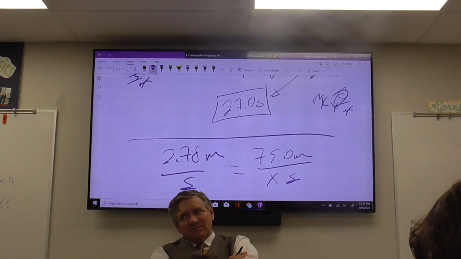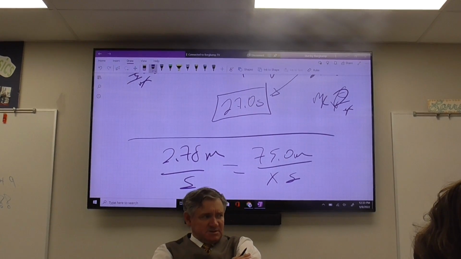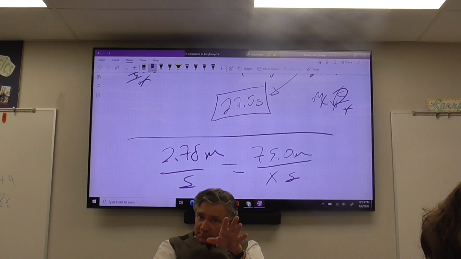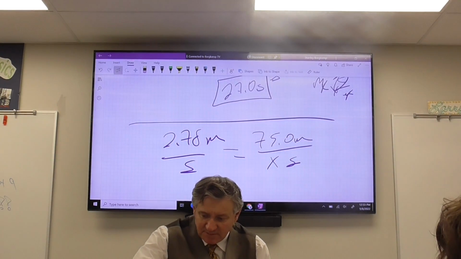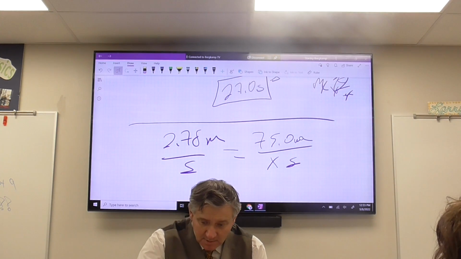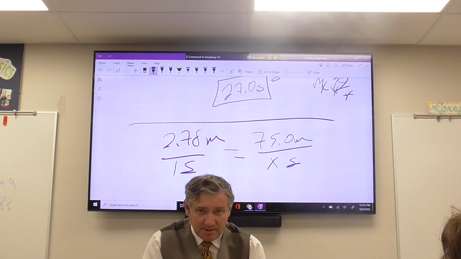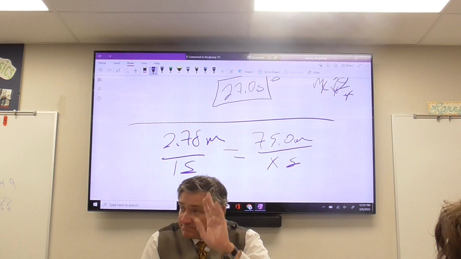I gotta move about 75 meters. I gotta figure my answer is gonna be more than 1 second. So then you can cross multiply, take 2.78 times x equals 75 times 1. Oddly enough, you're gonna get the same answer. So if you like ratios, look at this ratio.